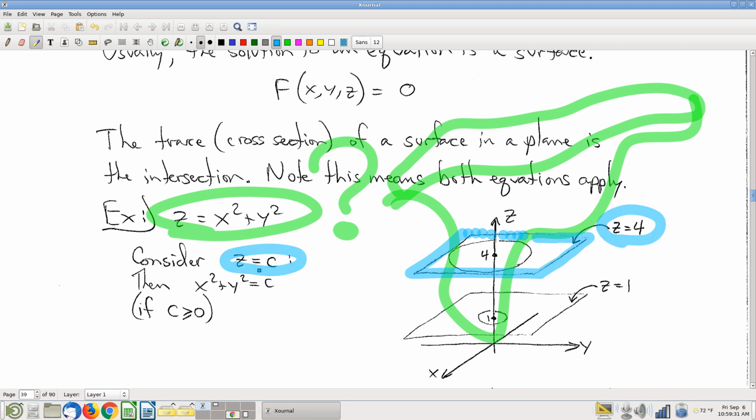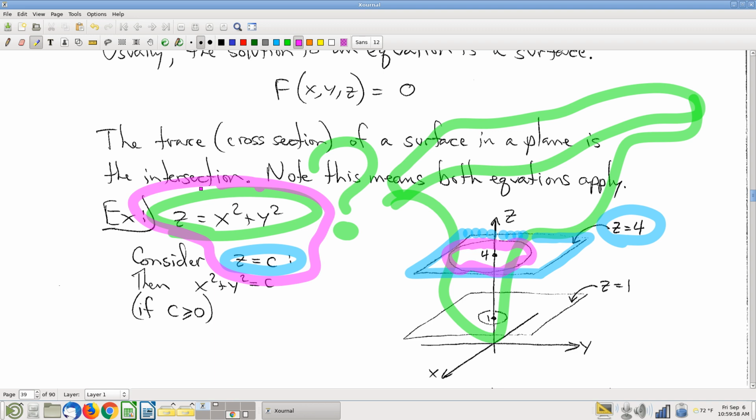The cross-section that I'm interested in represents points that are in the unknown green surface and this known blue slicing plane. I'm looking for points that are in both. That means I'm looking for points that satisfy both of these equations.